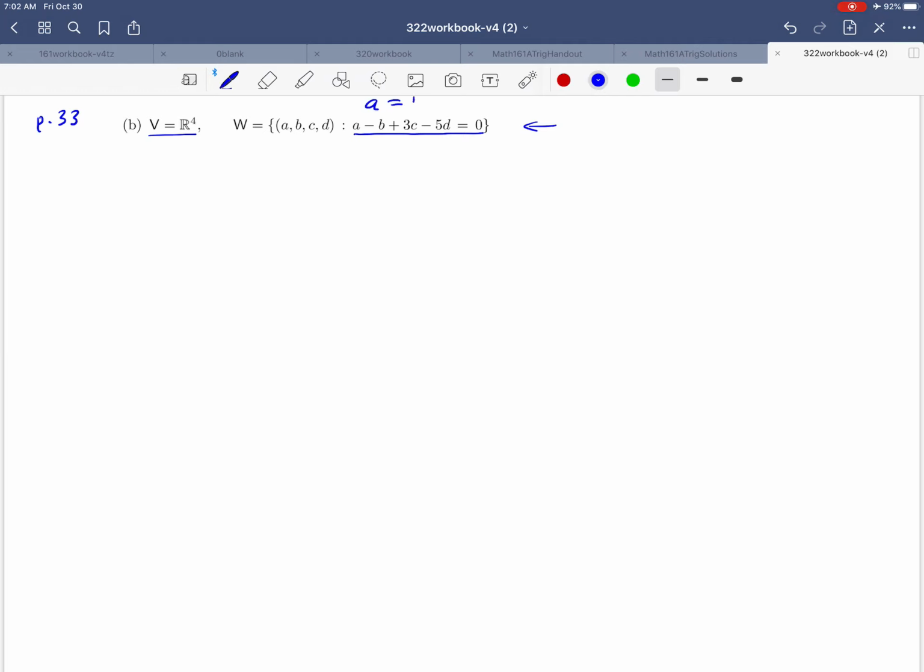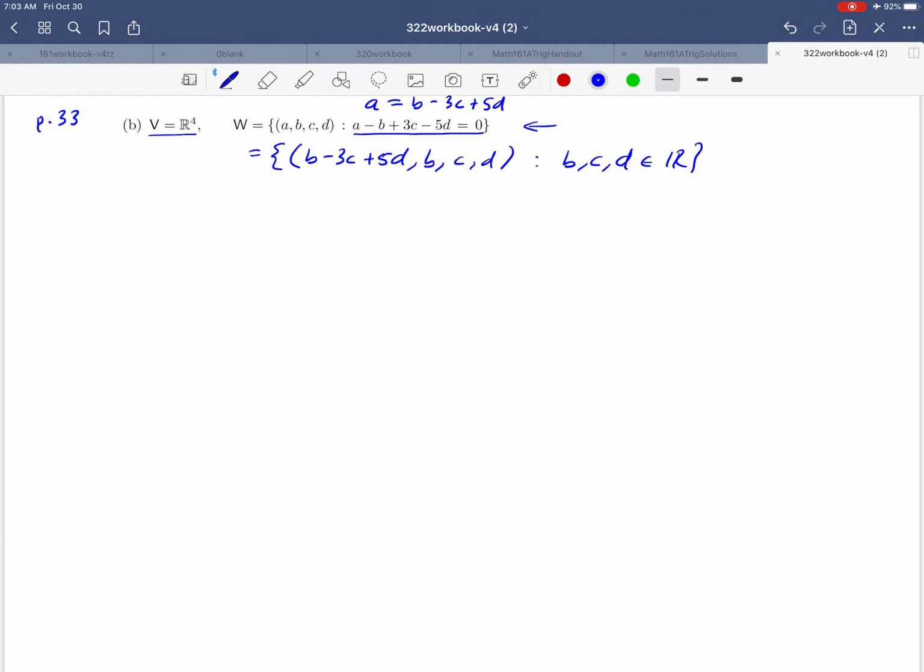So A is going to be B minus 3C plus 5D. So a way of rewriting W is to say it's the set of four tuples where A, the first coordinate, has to look like B minus 3C plus 5D, and the last three can be anything they want. B, C, and D are just any real number. And that's just a way of rewriting our set W.